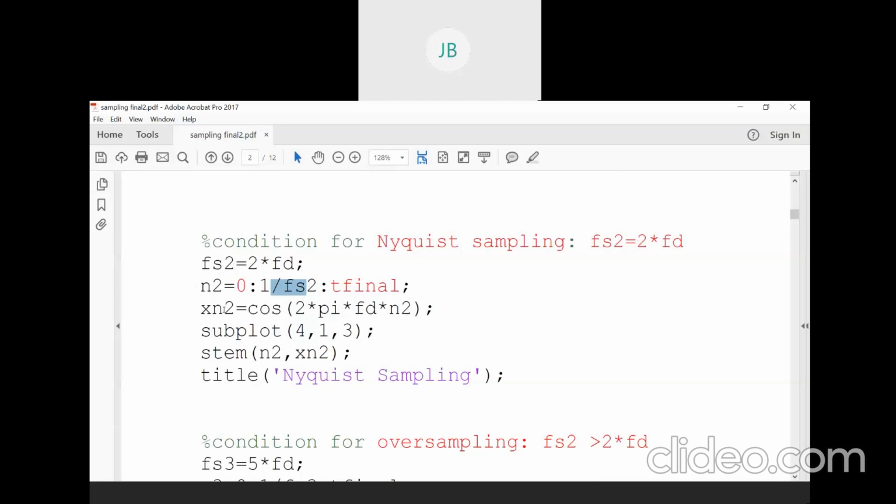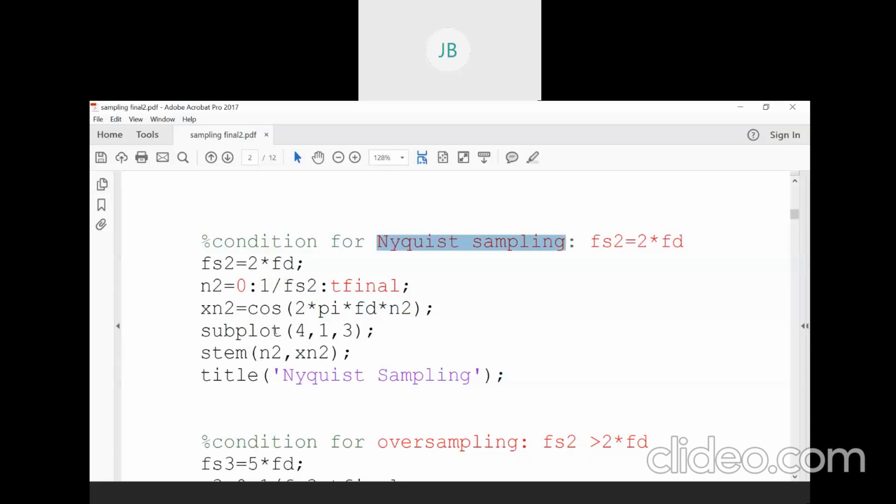As a result, when we consider x[n2], we are capturing the amplitudes having a cosine variation, that is cos of 2 pi fd n2, right? So n2 comes from here at these intervals. These intervals are much smaller compared to the undersampling case because the frequency is higher here. That means we will be having more samples in case of Nyquist sampling compared to the undersampling case.